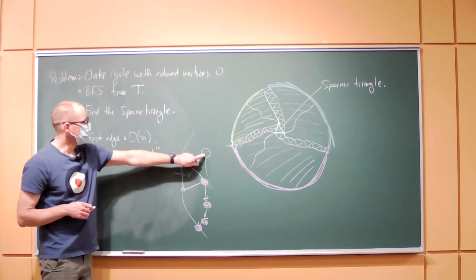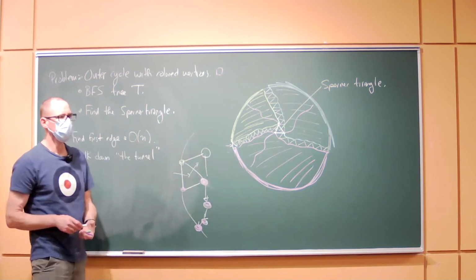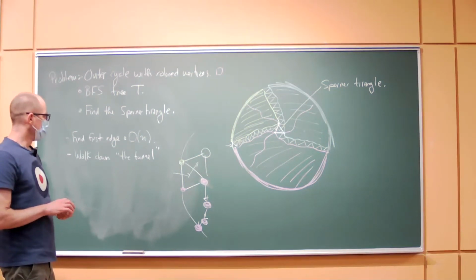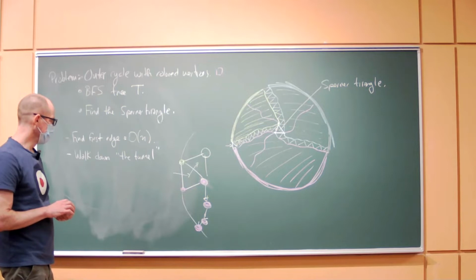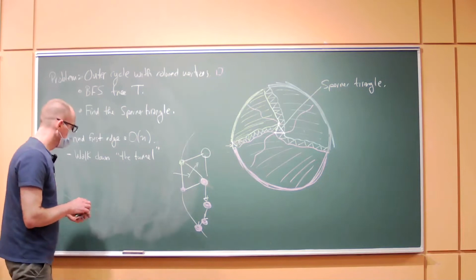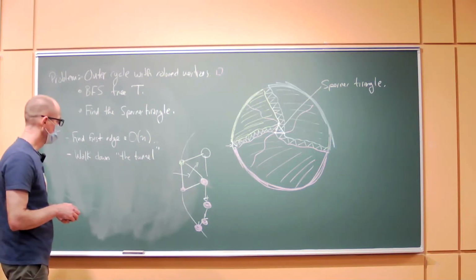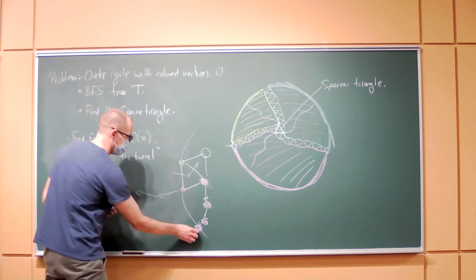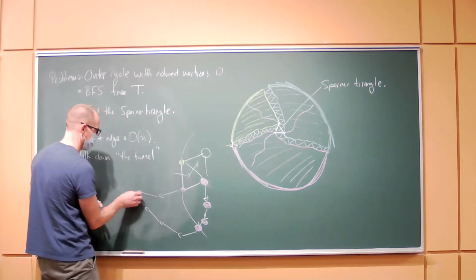I need to know the color of this vertex if it's not colored already. Yes? Sorry, I'm just wondering, would it be possible to do an LCA query with that vertex and the other two vertices to determine its color? It's not an LCA query exactly, because the LCA of this and this could be something out here, right?